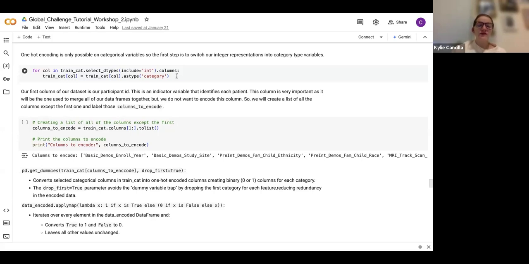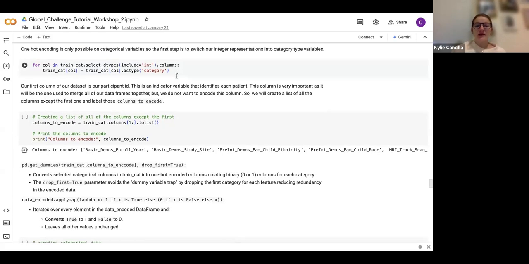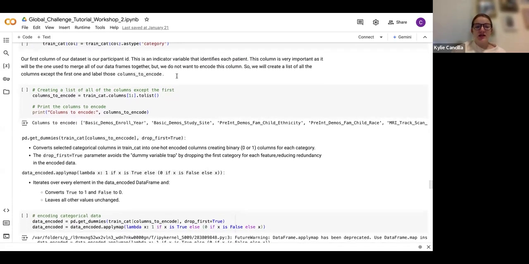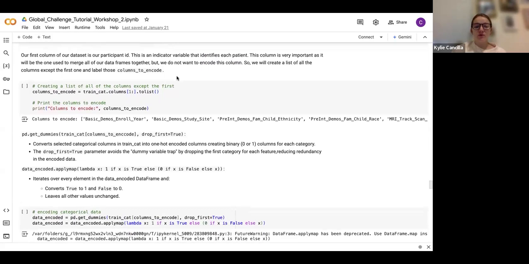Another step we have to take before using one-hot encoding is to notice that the first column of all of our data sets is this variable called participant ID. This is the indicator variable that identifies each patient. This column is very important as it will be the one used to merge all of our data frames together.